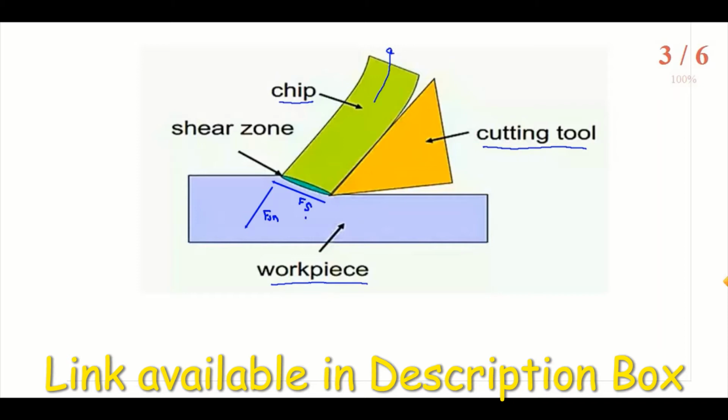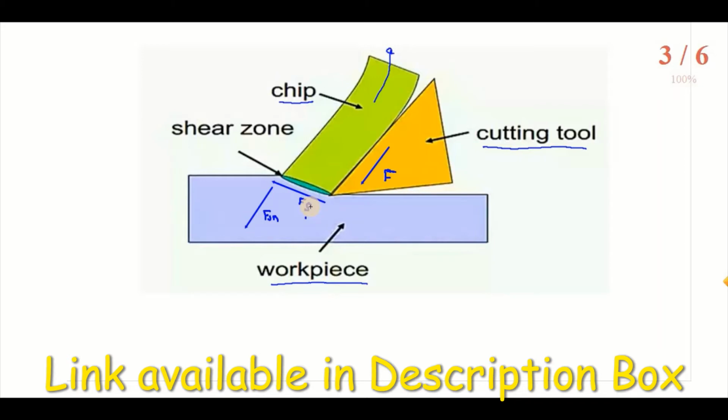As the chip moves along the tool rake face, friction is generated, and due to that friction we get a force F in this direction, which is the friction force. It acts due to the frictional resistance of the tool acting on the chip.